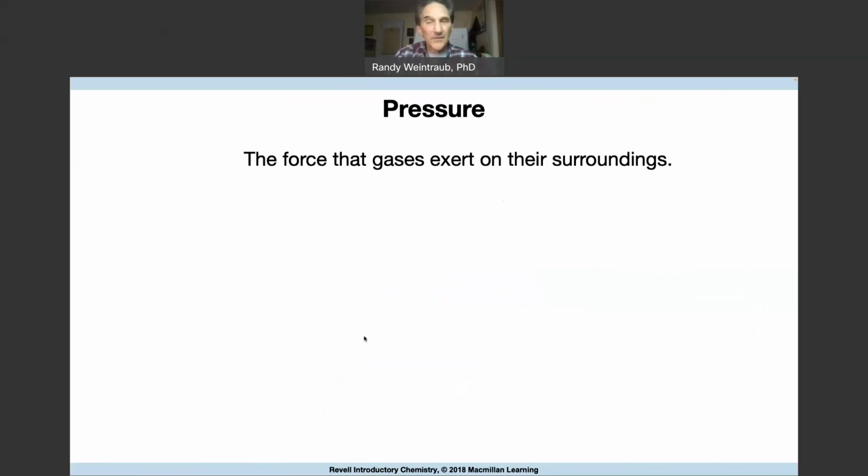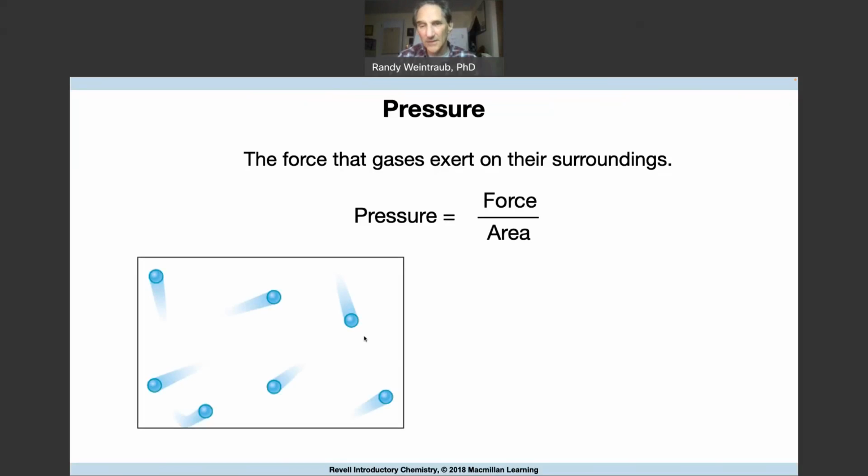We commonly describe gases by the pressure they exert on the surroundings. Formally, pressure is defined as the force that is exerted divided by the area over which it is applied. We think of pressure as the push that particles exert on everything around them. Particles move freely in a box and collide with the walls.